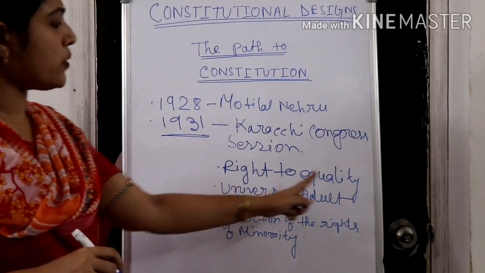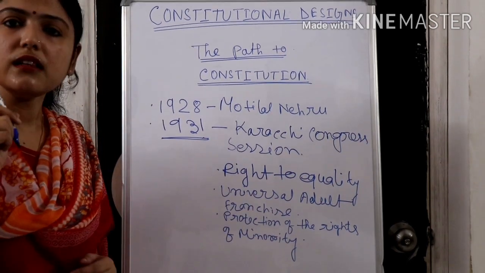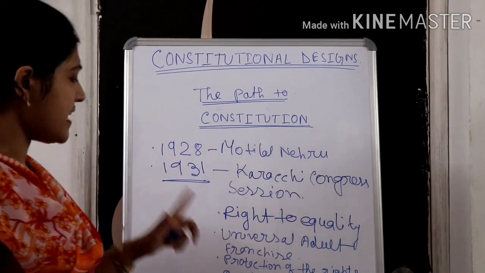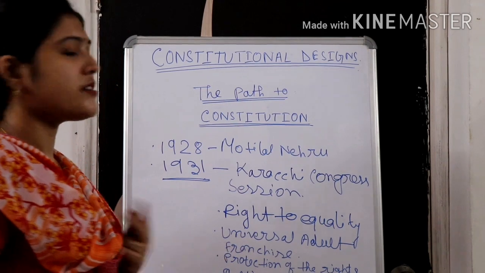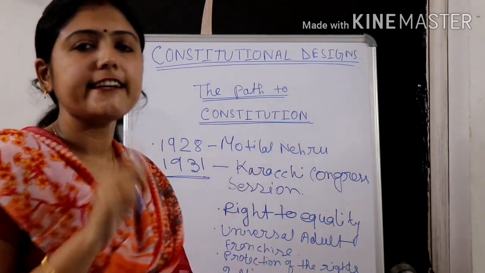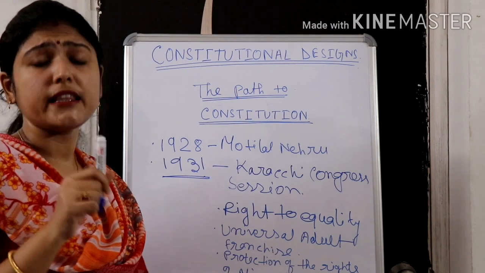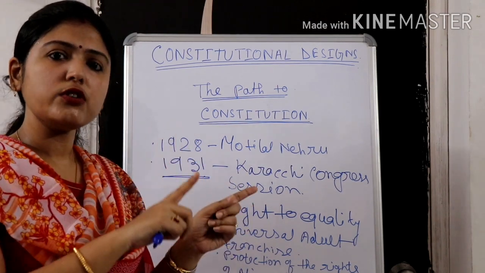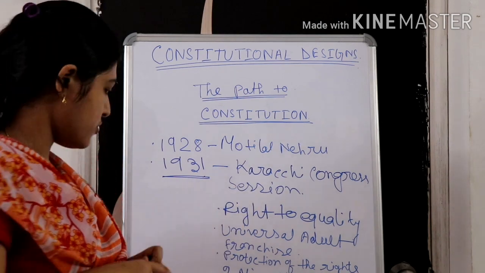The right to equality means every citizen should be counted as equal. Universal adult franchise: every adult citizen in the country has the right to vote, and the vote is equal among all. One person, one vote.